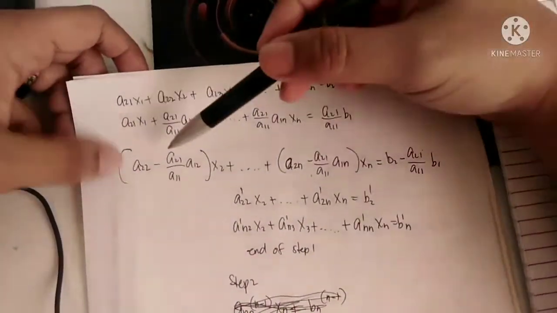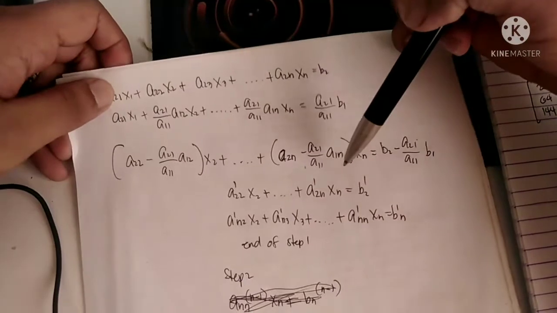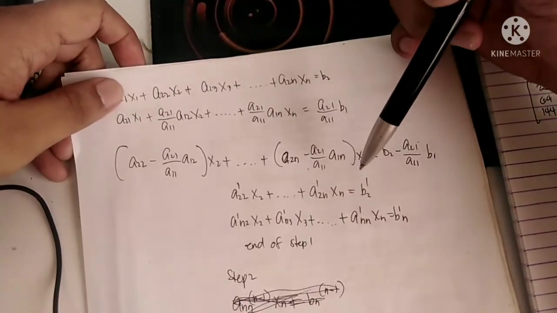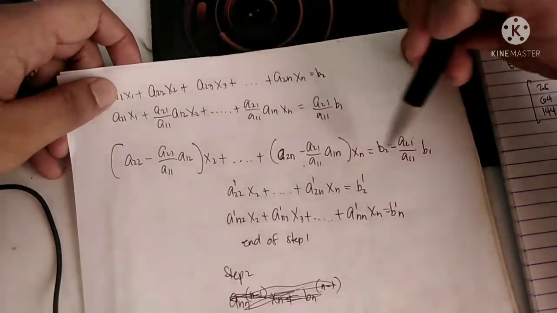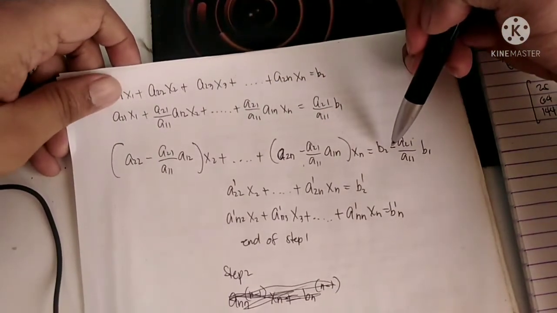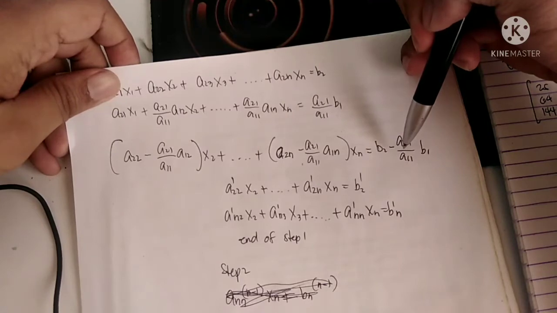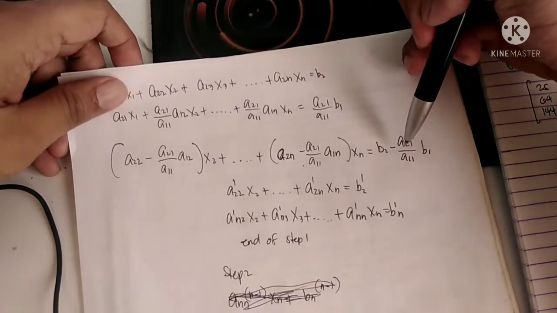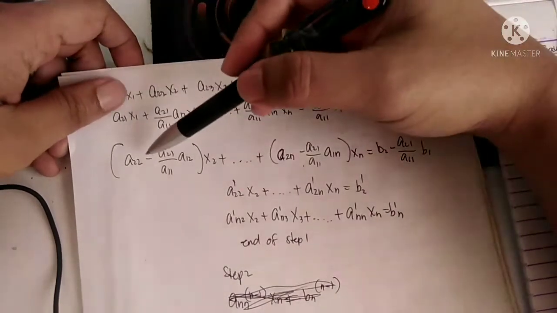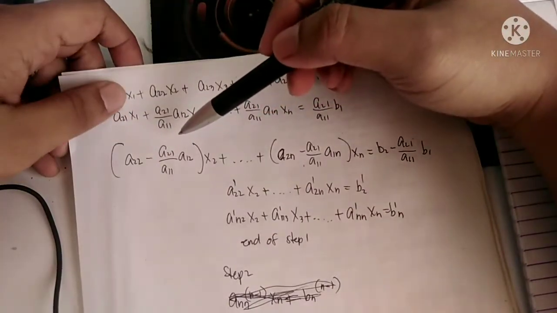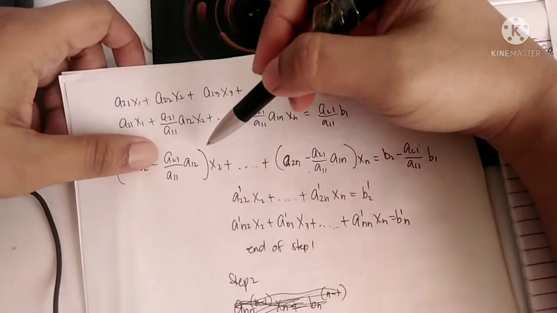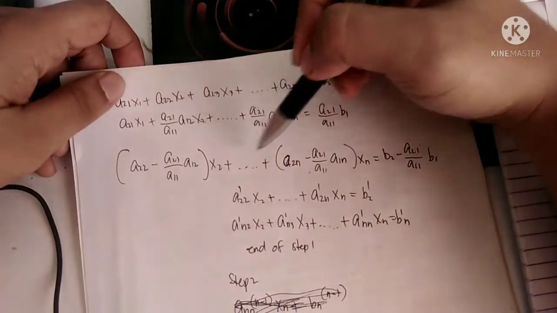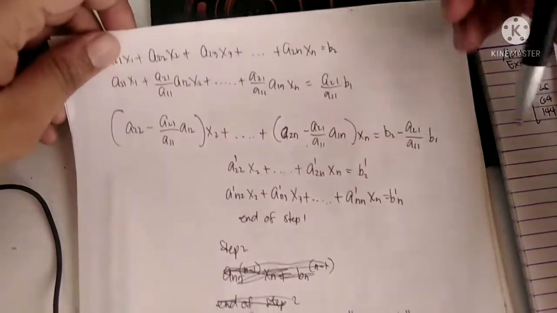This gives b2 minus b1 times the multiplier, and a sub 22 minus a sub 21 divided by a sub 11 times a sub 12, times x sub 2, etc.